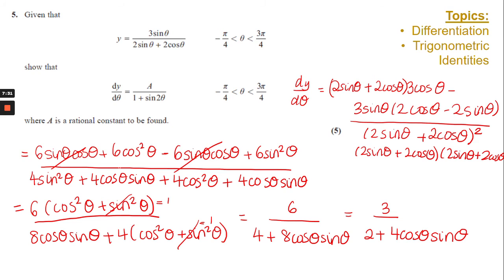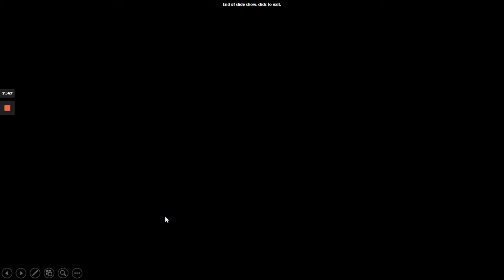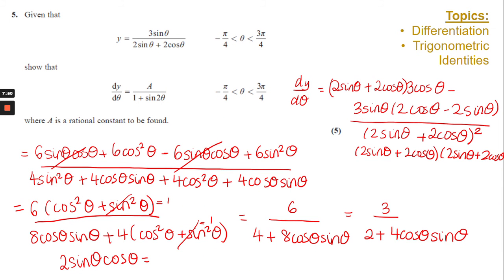Now to get what the question has asked us, we have sine 2 theta. So we need to look at this identity here and think about what gives us sine 2 theta. Well, I know the identity 2 sine theta cos theta is equal to sine 2 theta.